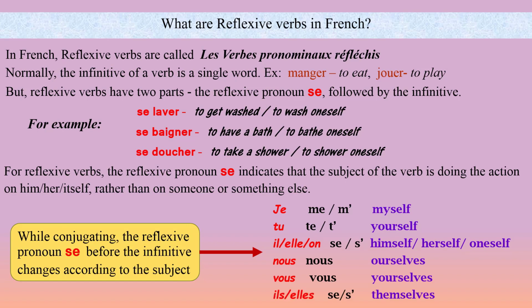For ils, elles, it is se, s apostrophe. If the following verb begins with a vowel or a mute h, then me changes into m apostrophe, te changes into t apostrophe, and se changes into s apostrophe.